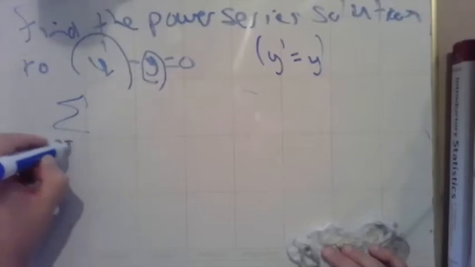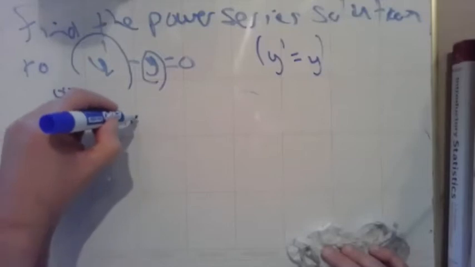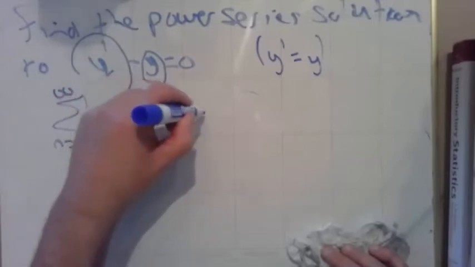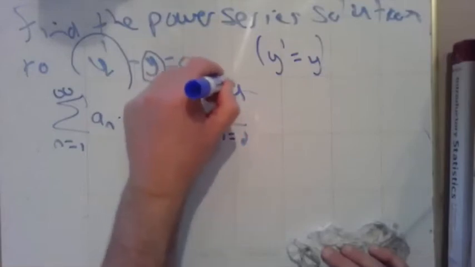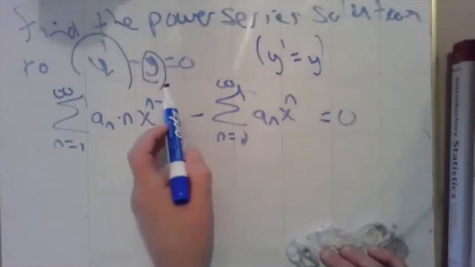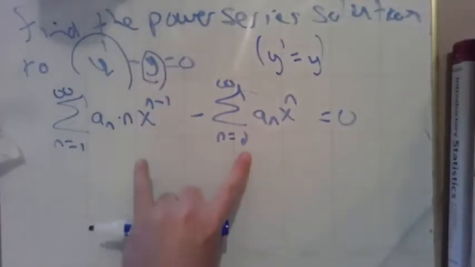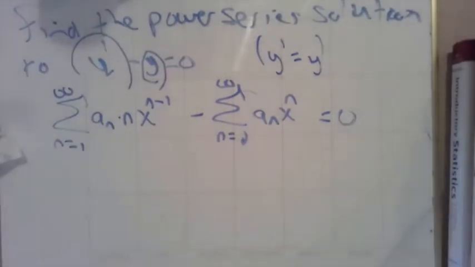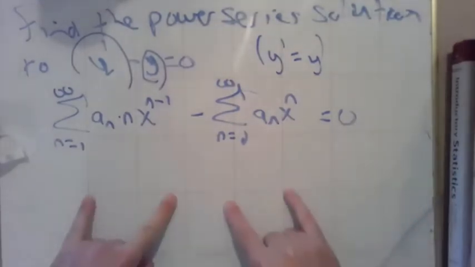That says the sum from n equals 1 to infinity of a sub n times n x to the n minus 1, minus the sum n equals 0 to infinity of a_n x to the n, must equal 0. That's what the equation says. I need to squish these together. Now I could write out a bunch of terms. There's nothing wrong with that. I could write out a bunch of terms here and just match pieces up.